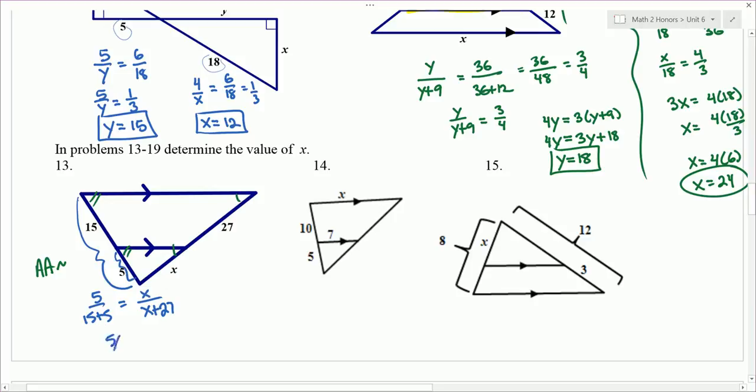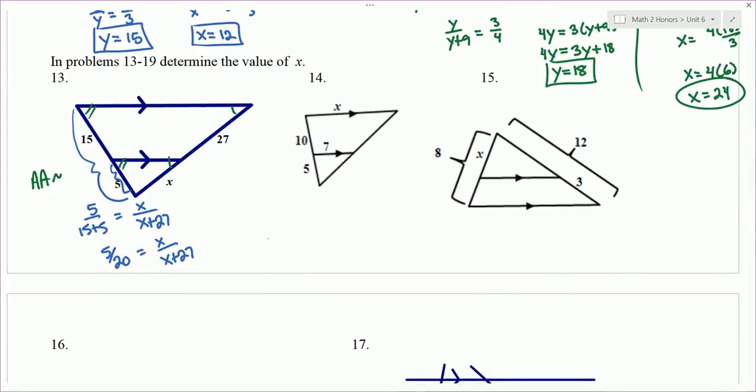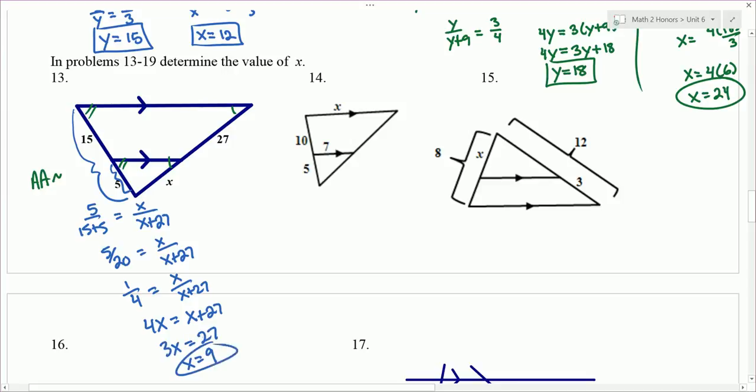So we have 5 to 20 is x to x plus 27. 5 to 20 we can reduce to 1/4. Cross multiply, 4 times x is x plus 27. Subtract x, 3x is 27, and divide by 3 to get x is 9.